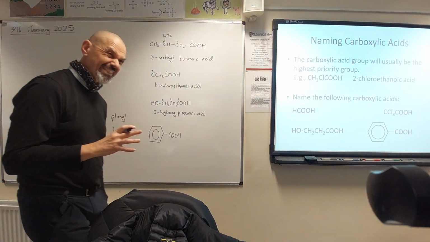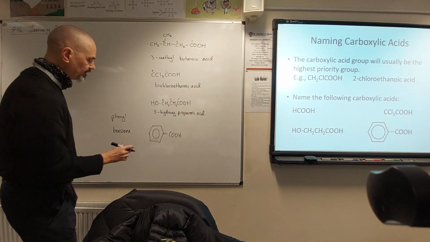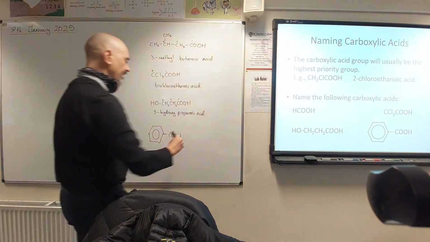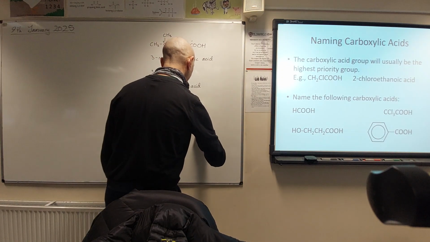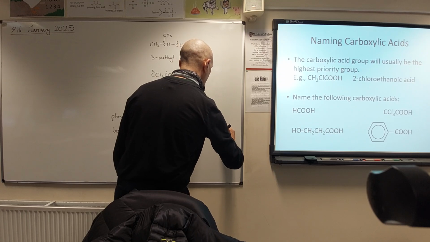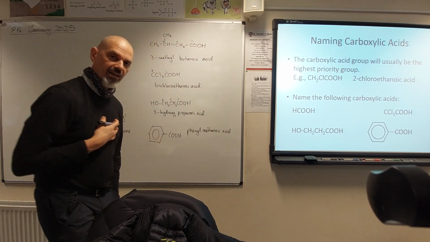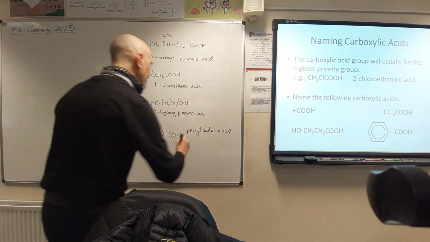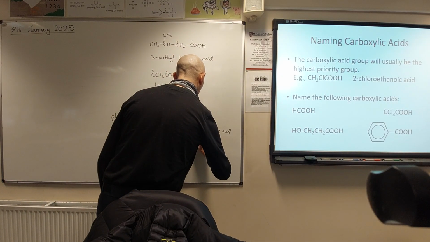The most systematic name, I think, would just be to say we've got a phenyl ring and methanoic acid, so phenylmethanoic acid. But that's a rather long and clumsy name for a molecule which is pretty common and used quite a lot in industry, so it tends to just be called benzoic acid.